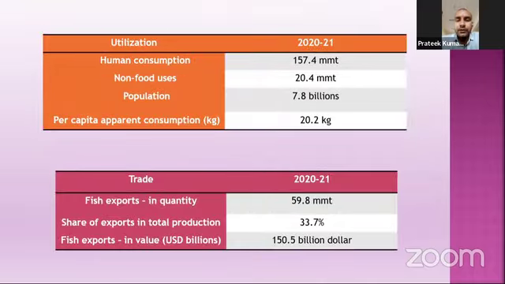Utilization: human consumption, non-food usage, population, and per capita apparent consumption, which is 20.2 kg per capita, we can see here. And in trade, fish export quantity is 59.8 million metric tons.